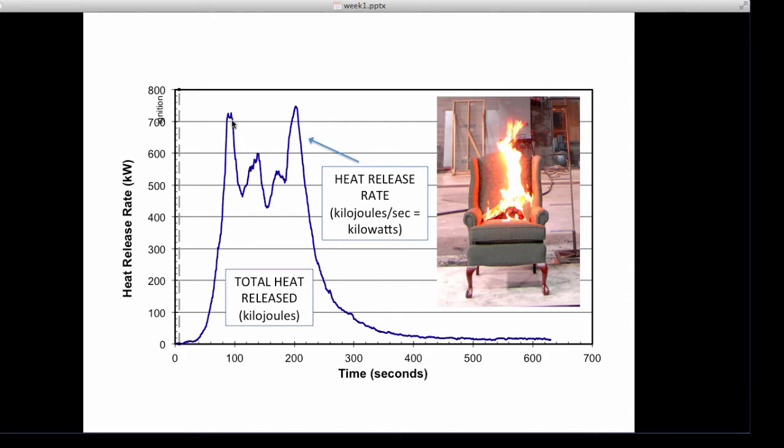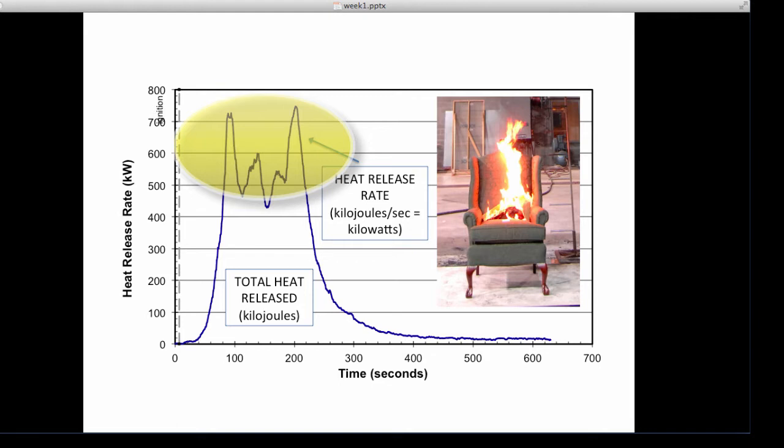And you see these little peaks here. We call that the peak heat release rate portion of this curve. That's the maximum burning that we're going to get from this fire. And there's a few reasons we might reach a maximum.